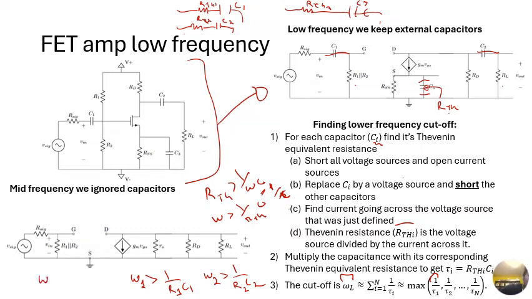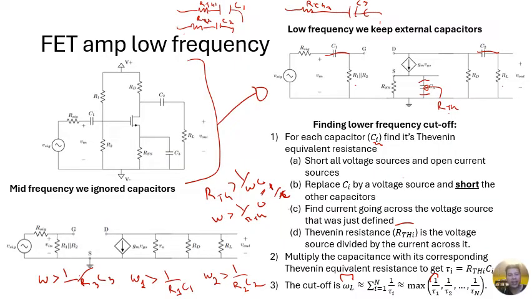And again, to be able to treat C3 as a short, we need omega to be greater than 1 over R3 C3. Okay, the inequalities are all correct: if omega is greater than 1 over R3 C3, then we can treat capacitor 3 as a short, and if omega is greater than 1 over R1 C1, we can treat C1 as a short.